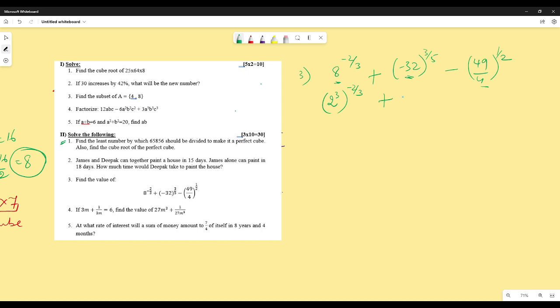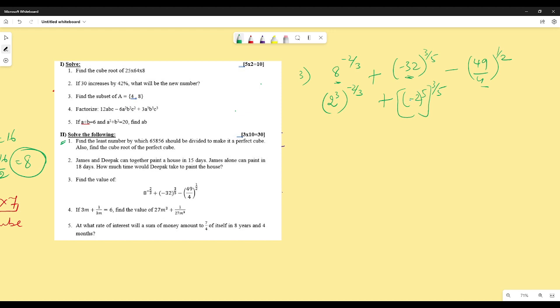Now minus 32 gets converted as minus 2 to the power of 5, and then this whole thing is to the power of 3 by 5.